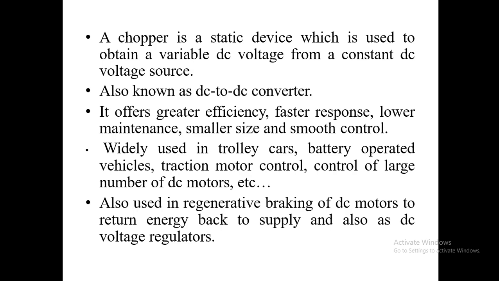The applications of DC-DC converters, or chopper circuits, are in many places where the voltage levels are small DC values, particularly in trolley cars, battery operated vehicles, traction motor control, meaning DC drives, and control of a large number of DC motors. It is also used to operate DC motors in regenerative braking mode.